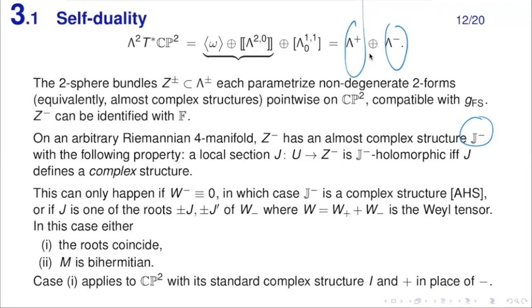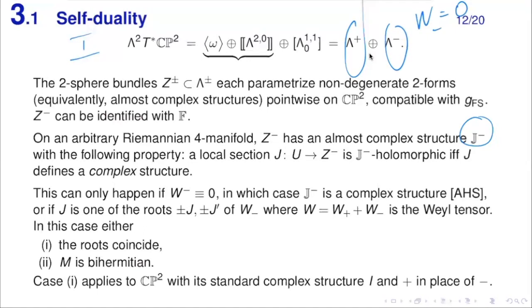And it will be integrable only if the corresponding half of the Weyl tensor is 0. So for the flag manifold, W minus is 0, but W plus is not 0. And so J plus won't be integrable, even though it does have a sort of Kähler section corresponding to the natural complex structure I.